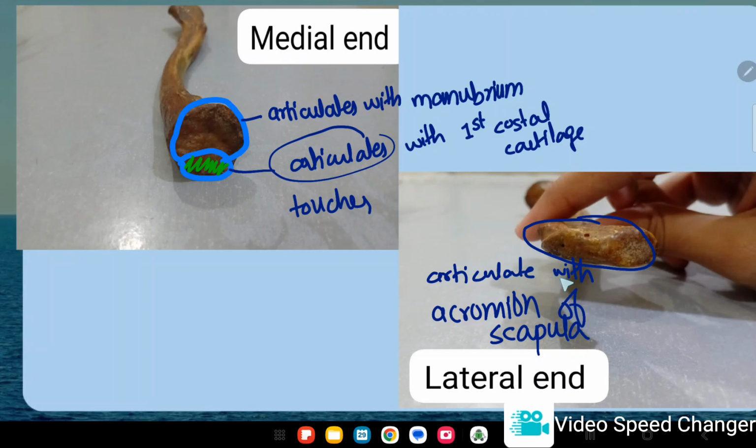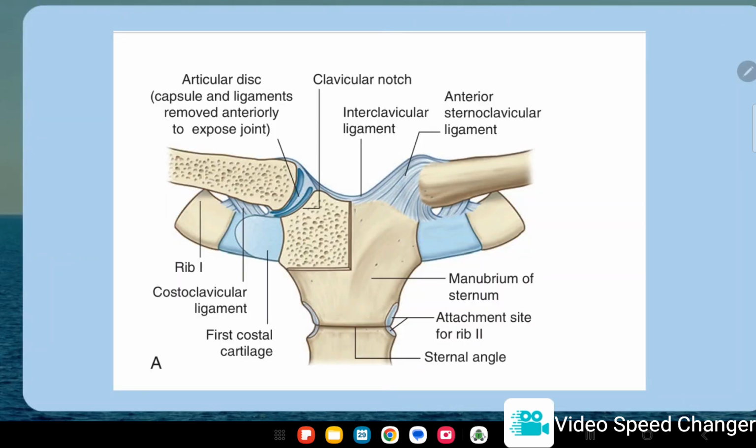It articulates with the acromion process of the scapula and forms the acromioclavicular joint. And the medial end forms the sternoclavicular joint. See here what I was trying to explain. This is the medial end, articulating with the manubrium of the sternum.